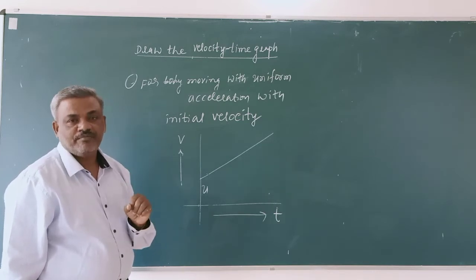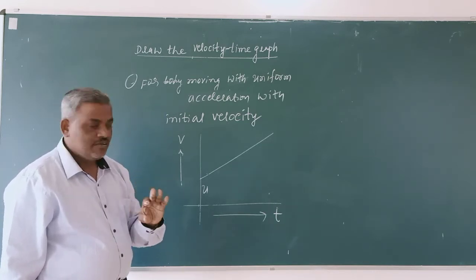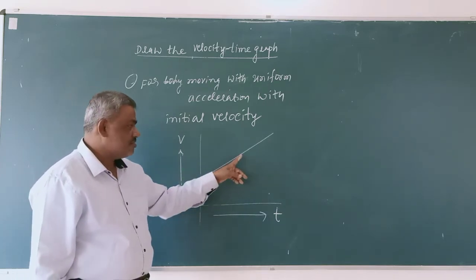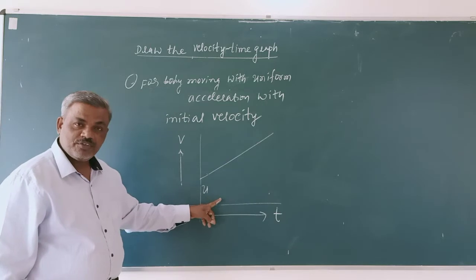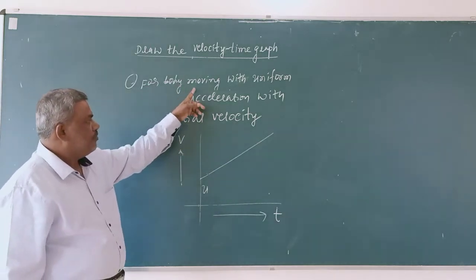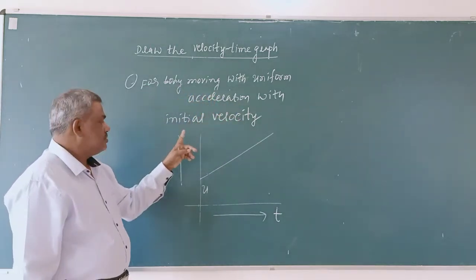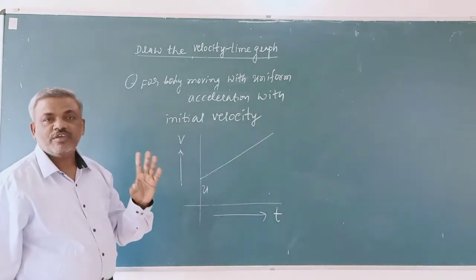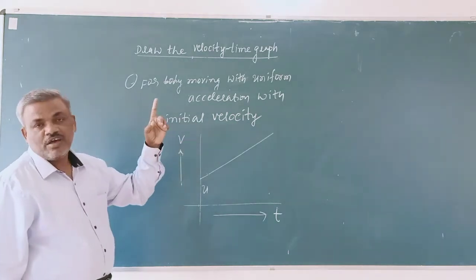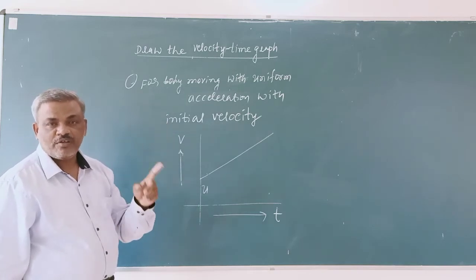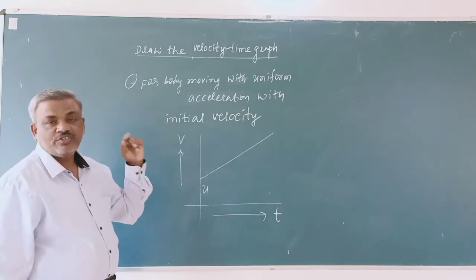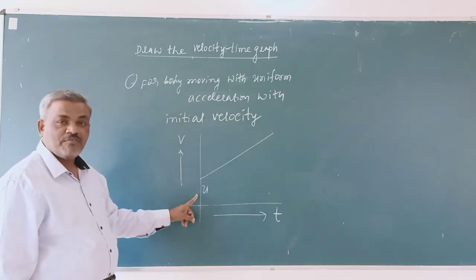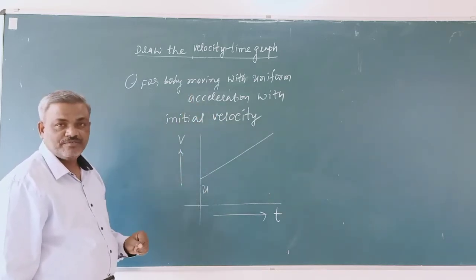After that, the speed of the vehicle increases, so velocity also increases. So this graph shows that for a body moving with uniform acceleration with initial velocity. So these three graphs are very important: uniform velocity, uniform acceleration, and uniform acceleration with initial velocity. In this graph, U is the initial velocity.